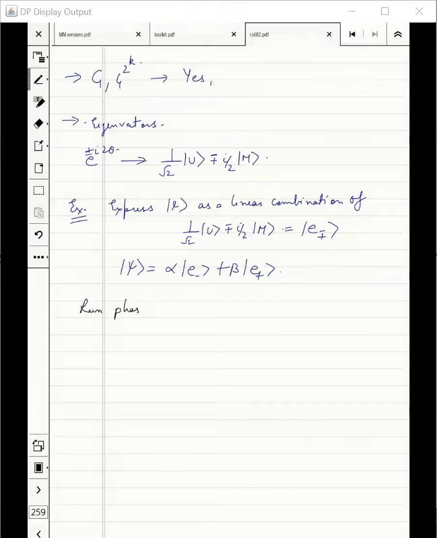That means I can run phase estimation on G with vector psi. And this will give us the value of 2 theta or minus 2 theta.